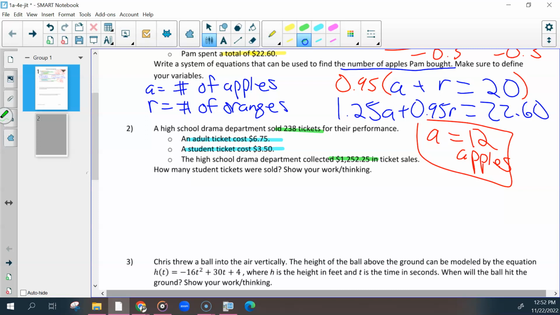Here we're looking for how many student tickets were sold. So again, define your variables. Number of tickets is something we don't know, so let's call that S and A, for number of student tickets and number of adult tickets.